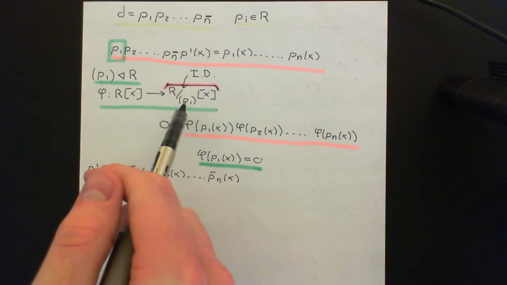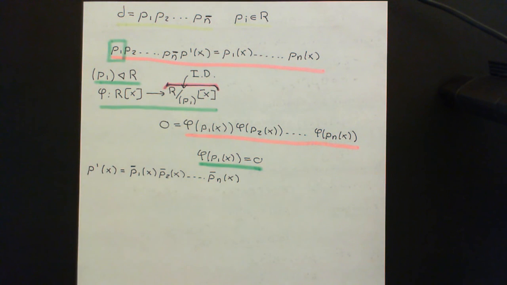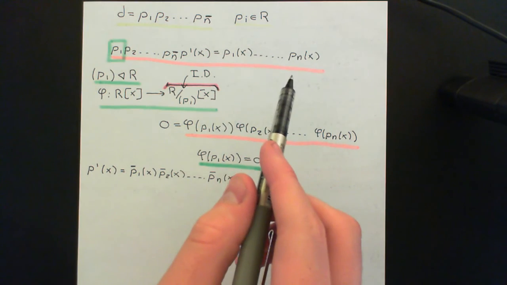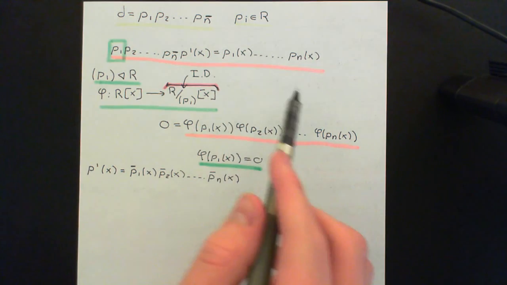You just have to change the ideal that you're working with, from the principal ideal generated by P1 to the principal ideal generated by P2 or P3 all the way up to Pn, and you can cancel them off. There'll be different polynomials potentially each time, and you just need to gradually cancel them off.